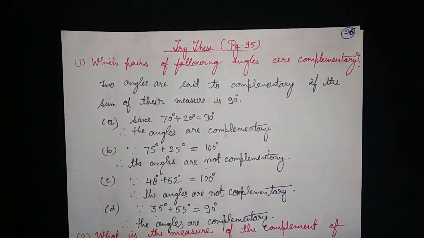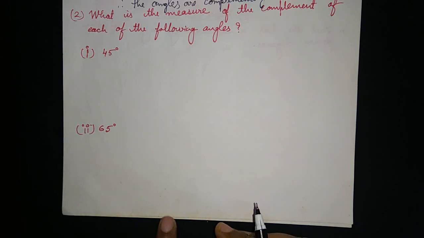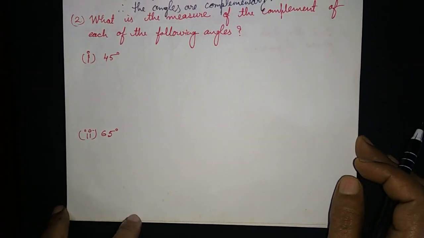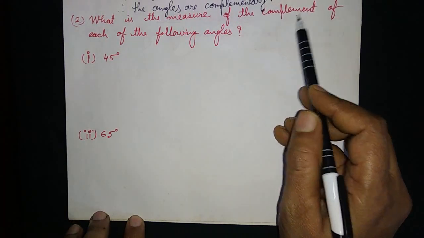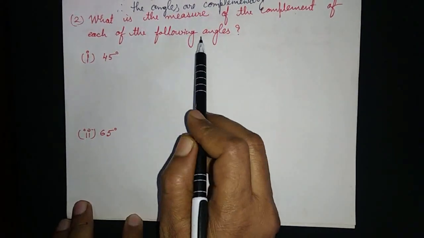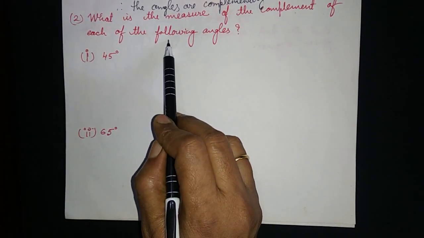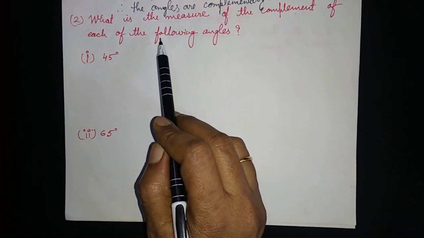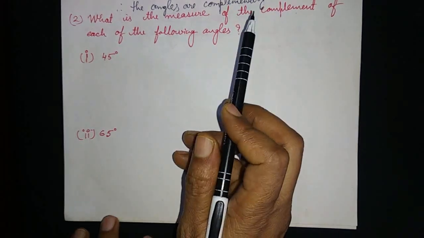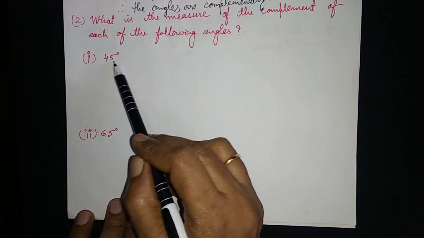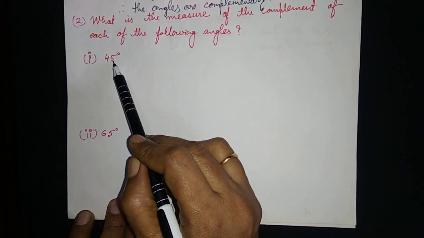Now look at question number 2. What is the measure of the complement of each of the following angles? We know that two angles are complementary if the sum of their measure is 90 degree. So we have to find the complement of this 45 degree angle.